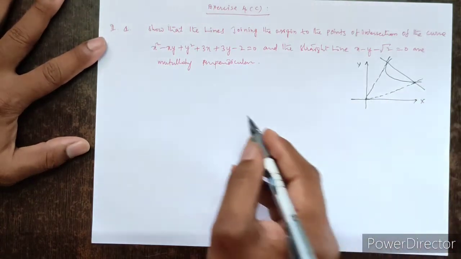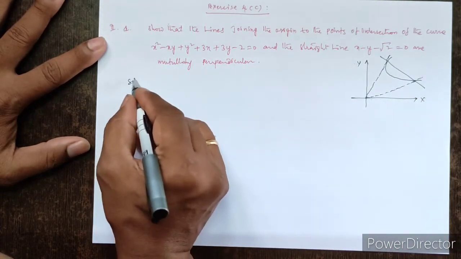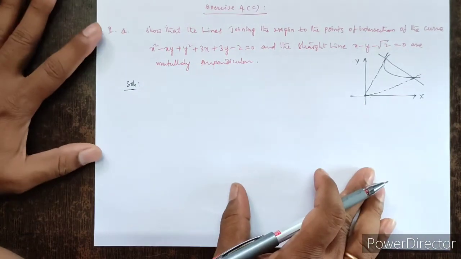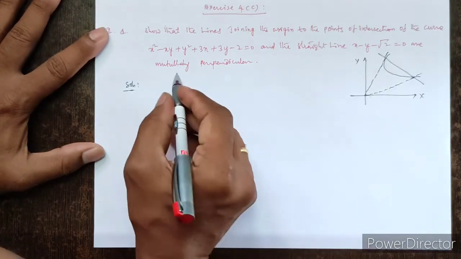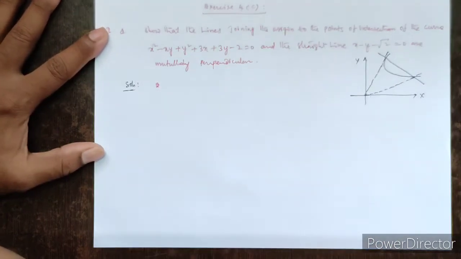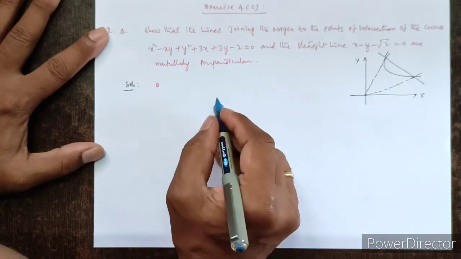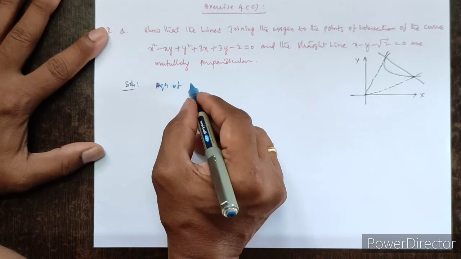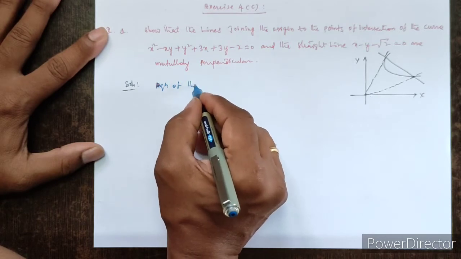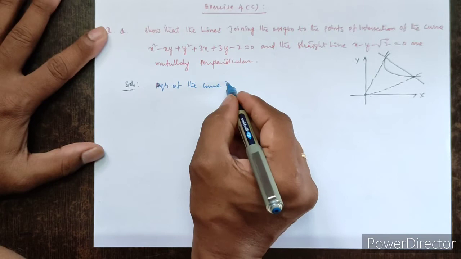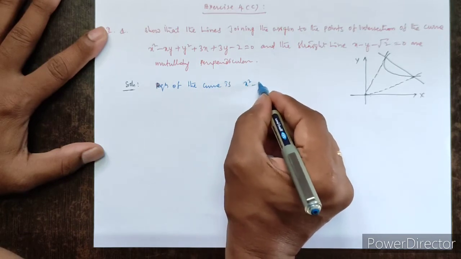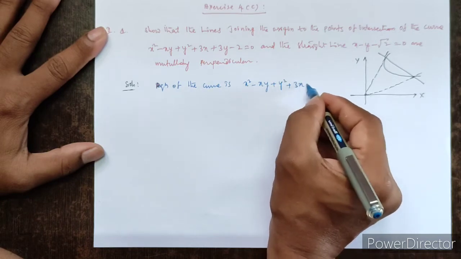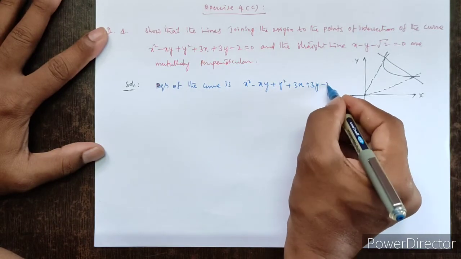So, solution: the equation of the curve is x square minus xy plus y square plus 3x plus 3y minus 2 equal to 0.